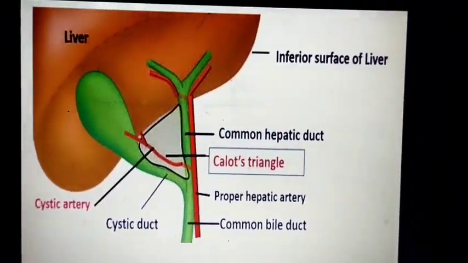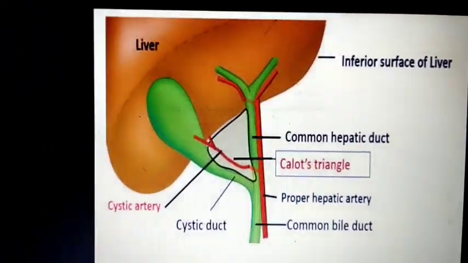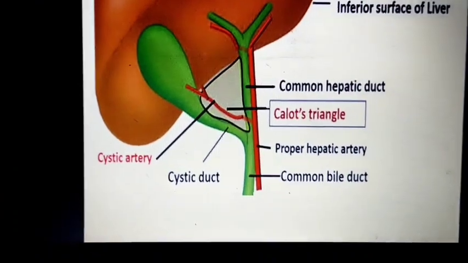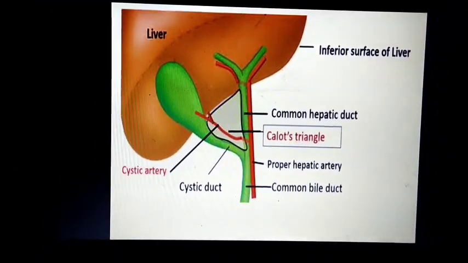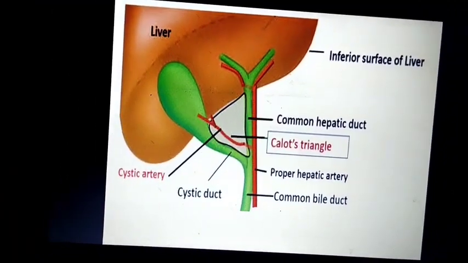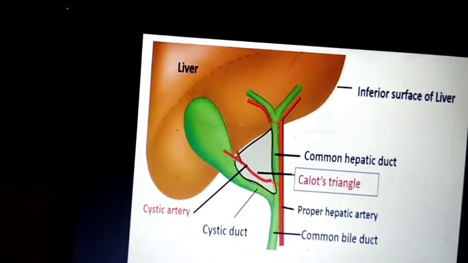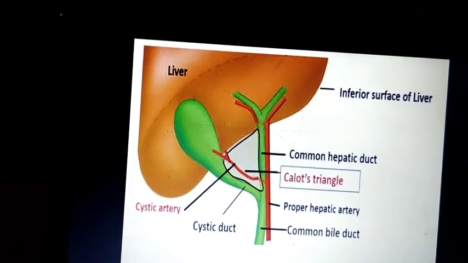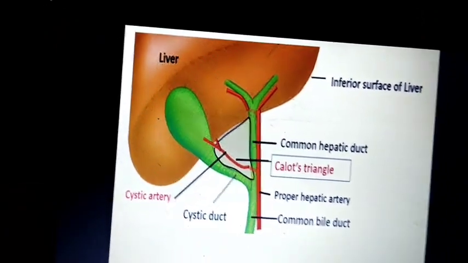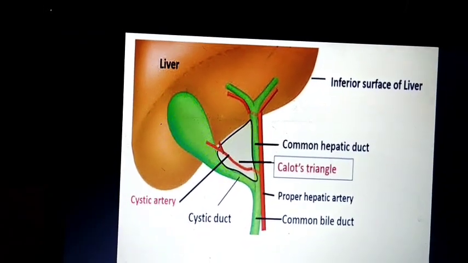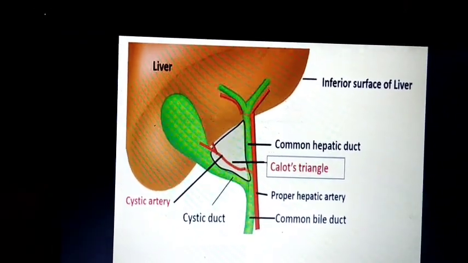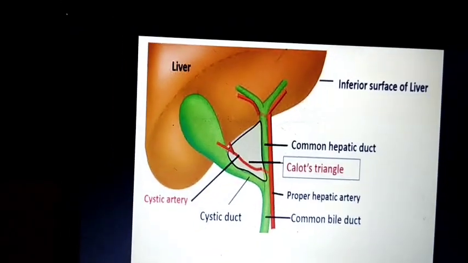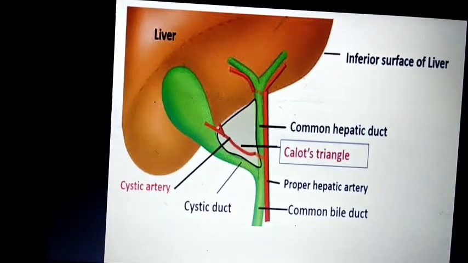Now we can go for a very important triangle or anatomical area. It is very helpful during dissection of the gallbladder or any surgery regarding the gallbladder and common hepatic duct. This triangle helps in cholecystectomy, whether laparoscopic or open surgery. That triangle is called Calot's triangle.